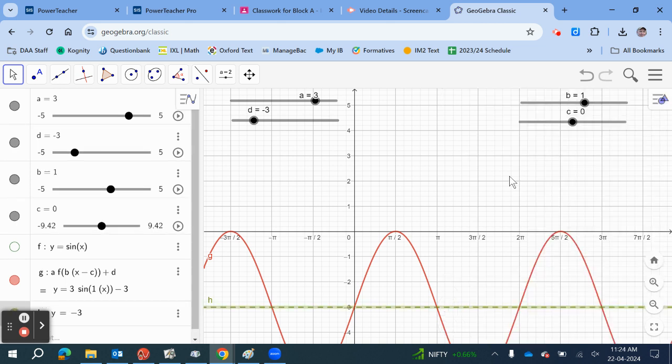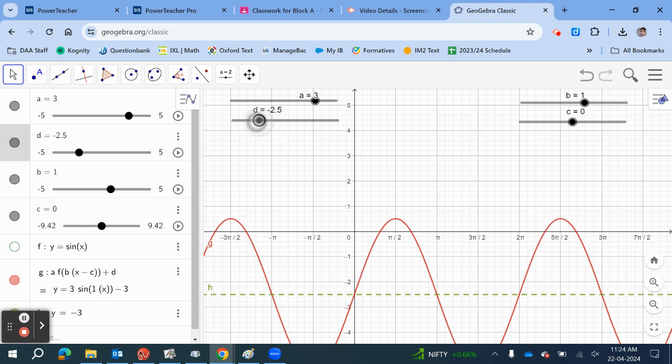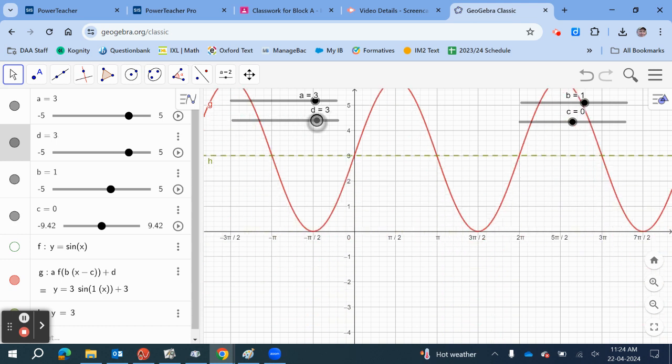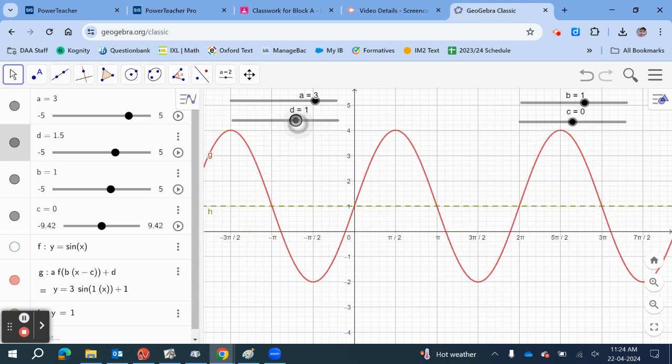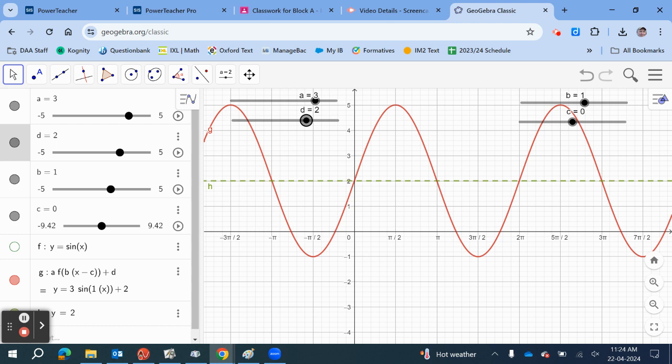Here on the D, the principal axis is going to be equal to D. This goes through the center of the graph, and this is how much it's gone up. There's the same space between the principal axis and the maximum as between the principal axis and the minimum. You can see the graph moves up and down.